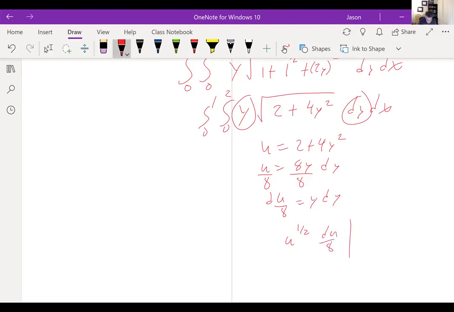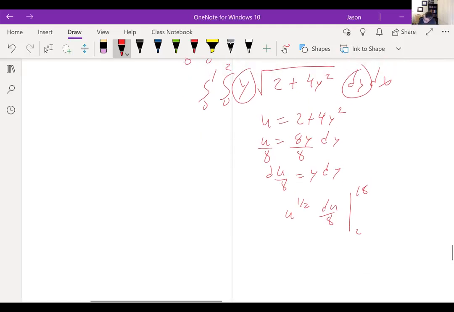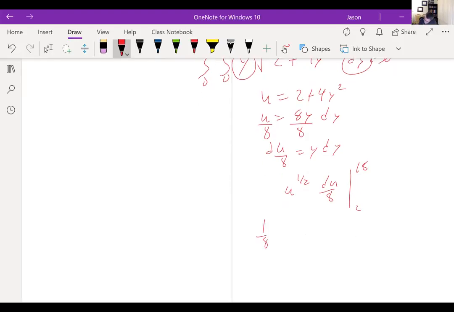What are the limits here? 2 and 18, I think. Plug that in, we get 18. So this is 1/8 times the square root of 18 minus the square root of 2.